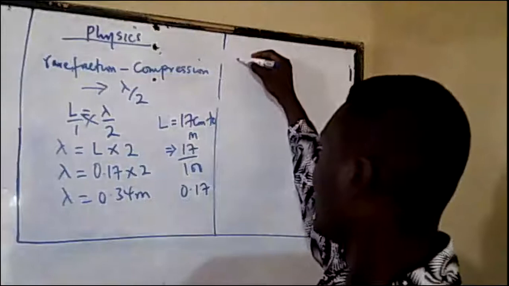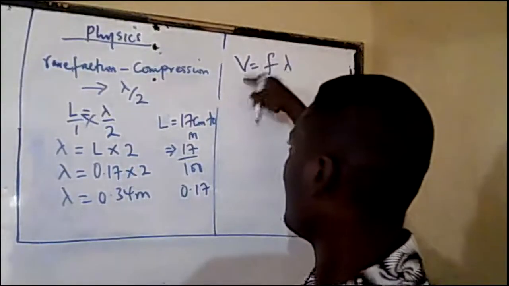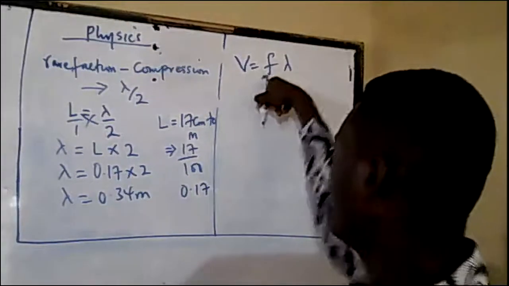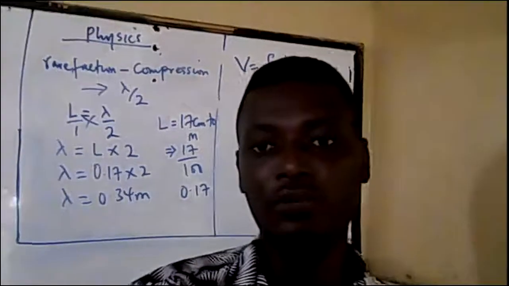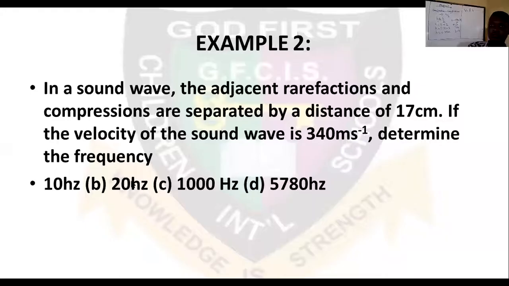So we know that our wave formula is V equals F lambda, where V stands for velocity or speed of the traveling wave, F for frequency of vibration, and lambda for wavelength. So what are we actually looking for in that question? Let's go back to our slide. Determine the frequency. So if you're looking for frequency, we divide both sides by lambda. So F will give me V over lambda. They give us 340 meters per second over 0.34 meter.